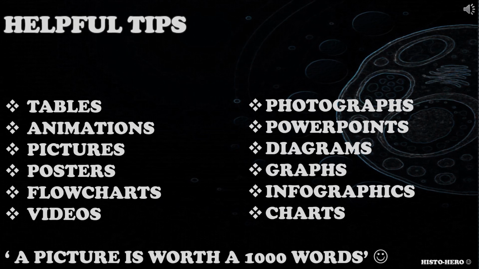I would also like to share with you some helpful tips that can make candidates' portfolios look really good. Ask them to try and present the information in various formats such as tables, pictures, photographs, diagrams, flowcharts, graphs, or even videos, if they can. This nicely breaks down a lot of the text that is usually present in specialist portfolios.